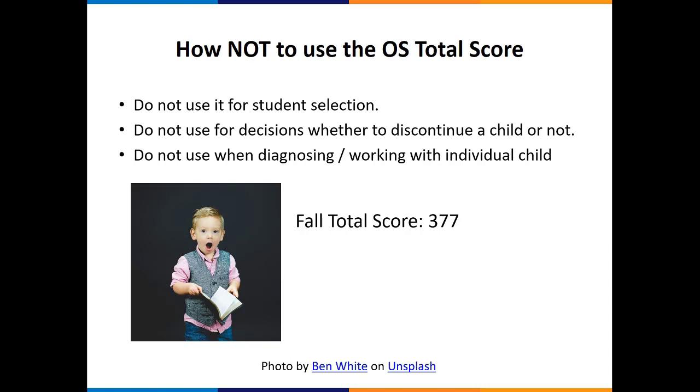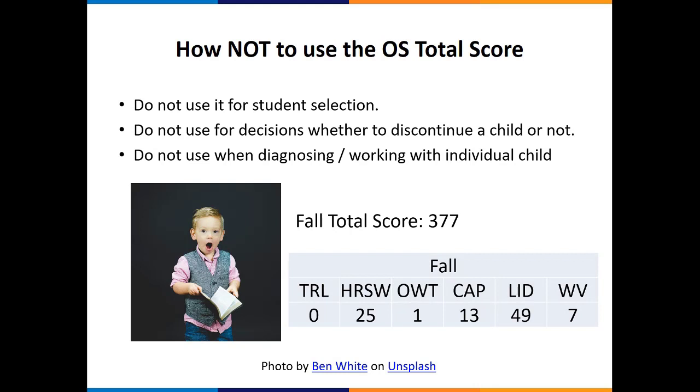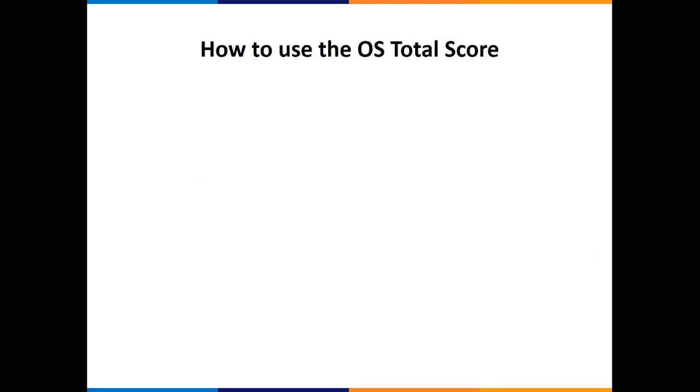So when working and diagnosing with an individual child, the individual tasks of the Observation Survey provide us with more insight about an individual child than that total score will. So when working with an individual child, it's best to just fall back to using the six tasks of the Observation Survey, and you will glean much more information from it than from the total score.